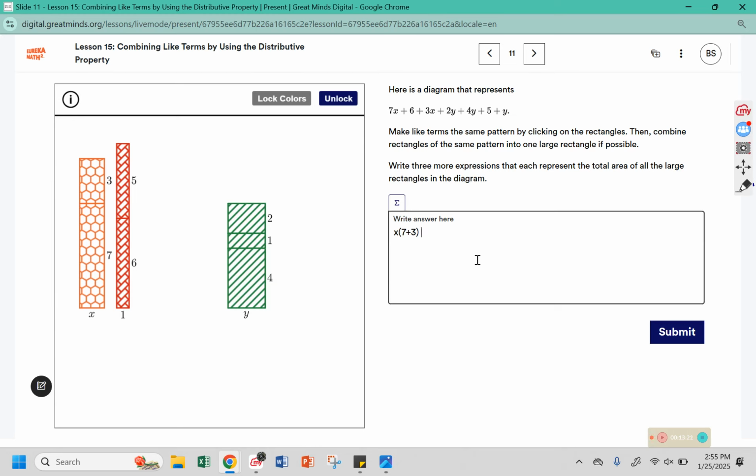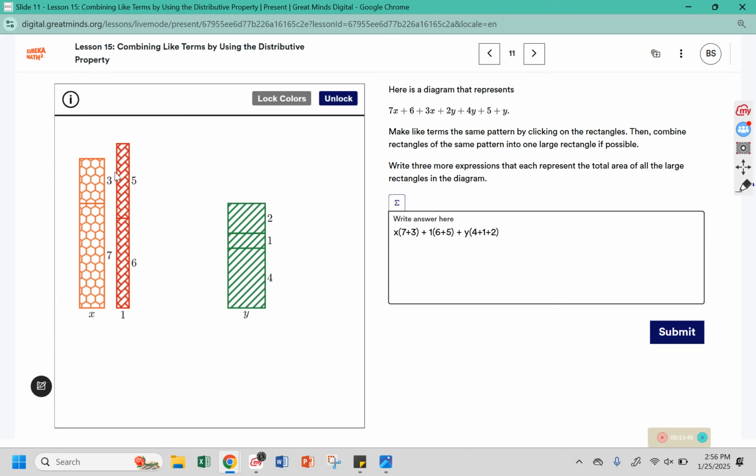And then we'll add that to the number pieces. Those have a width of 1 and a height of 6 plus 5. And then we can add that to the pieces with the width of y. And that one has a height of 4 plus 1 plus 2.